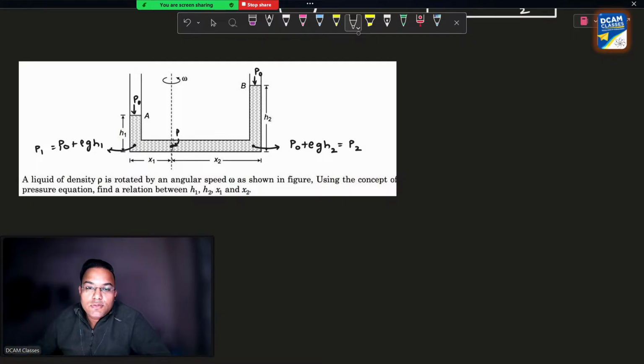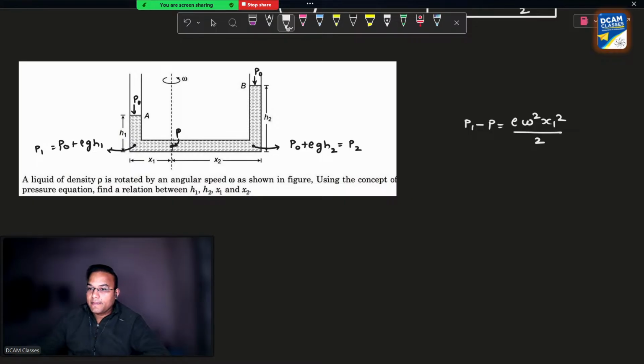Now we also know that P1 minus P is equal to rho omega square x1 square by 2. Correct? For the left limb I am talking about.